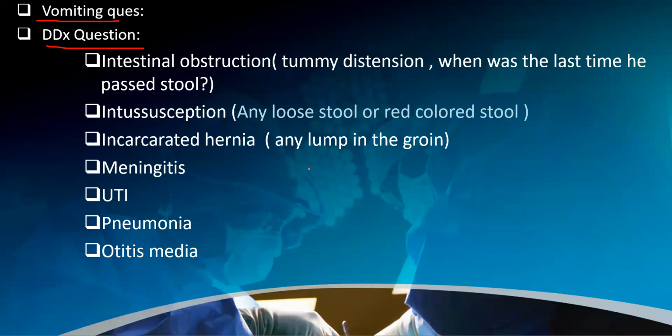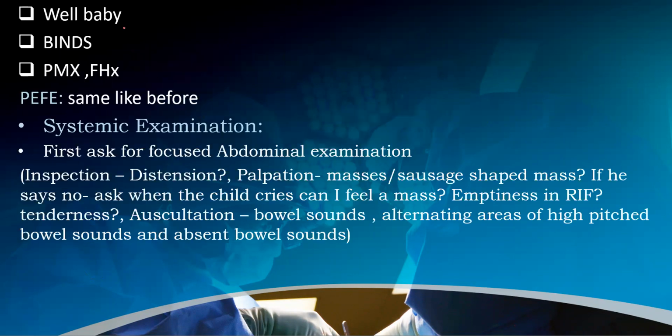Intestinal obstruction, intussusception: here you can ask, have you noticed any loose stool or any red-colored stool? For incarcerated hernia, any lump or bump in the groin, followed by all the infection-related causes. Finish with well baby, birth, past medical and family history.